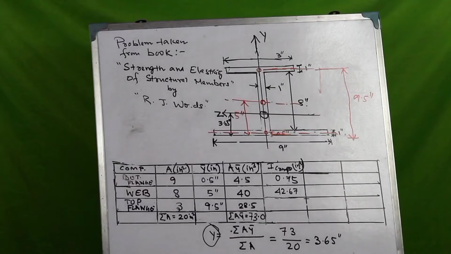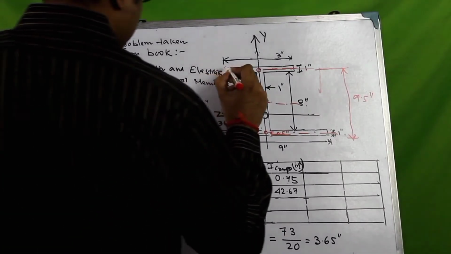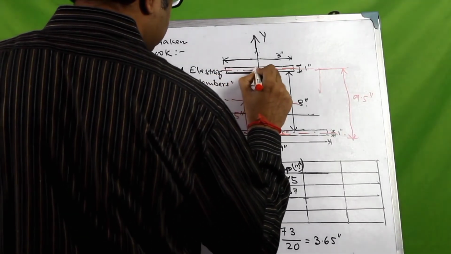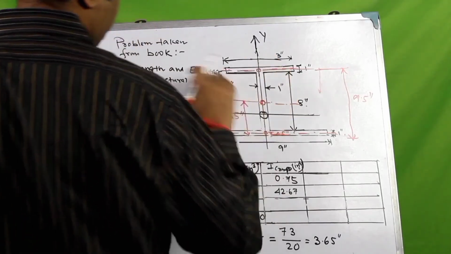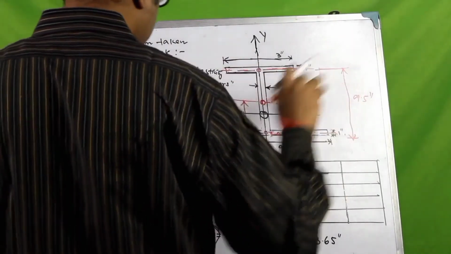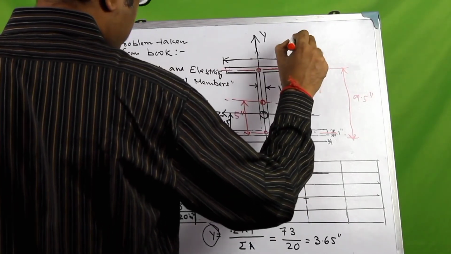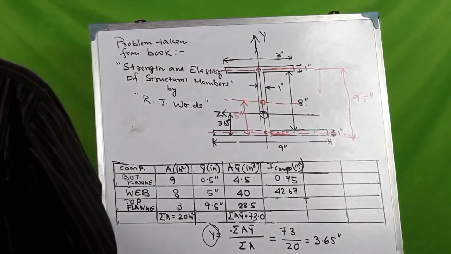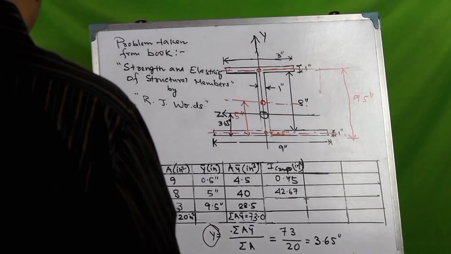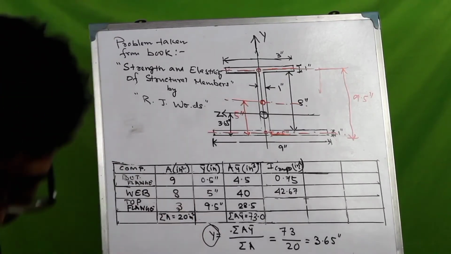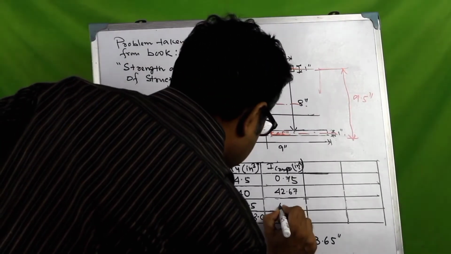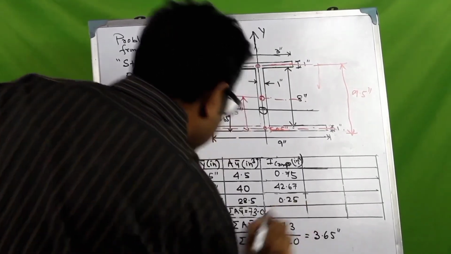And finally, for the top flange, its own centroidal axis is this, right? This is the centroidal axis of the top flange, its own centroidal axis. So then the moment of inertia should be 3 into 1 cubed by 12. So that would be 3 by 12, which is equal to 0.25. Right.